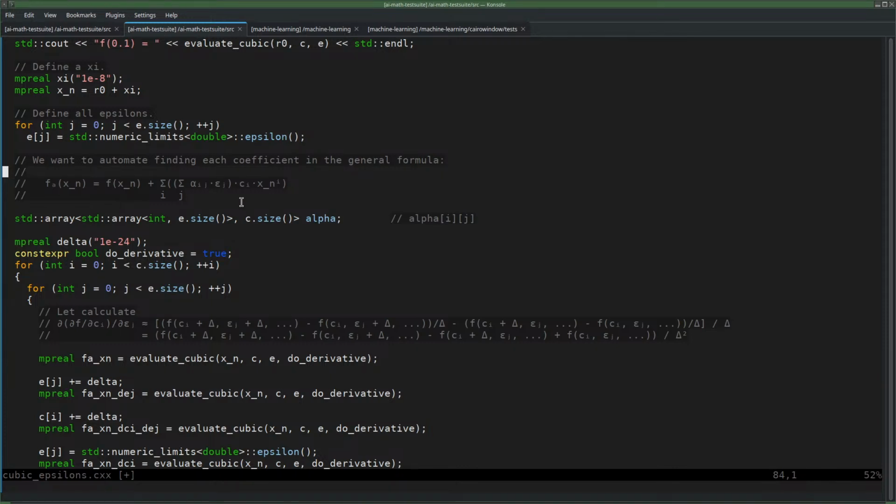Where, really, yeah, this could get complex as well. Some kind of formula of c's and powers of n, xn.